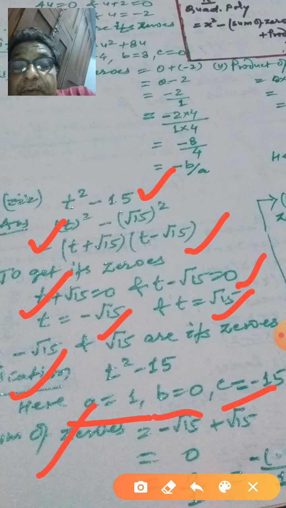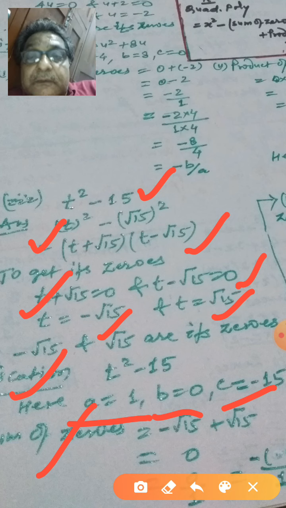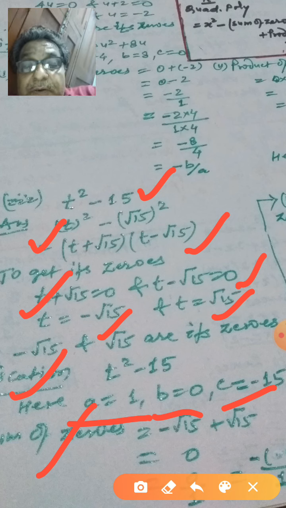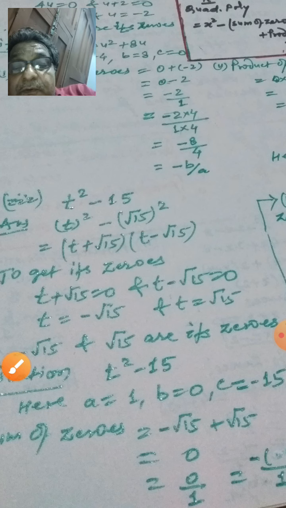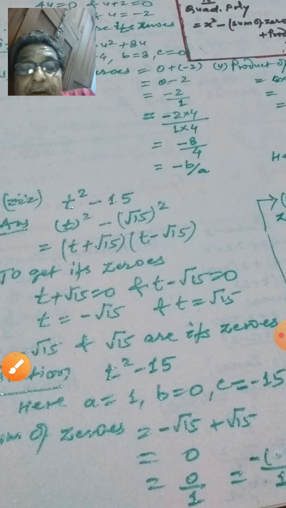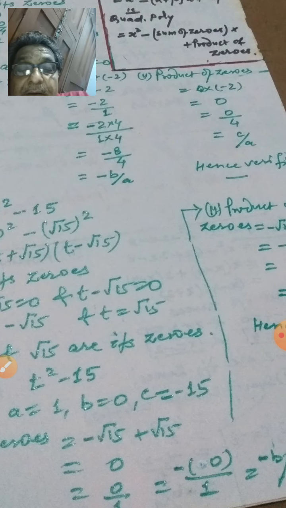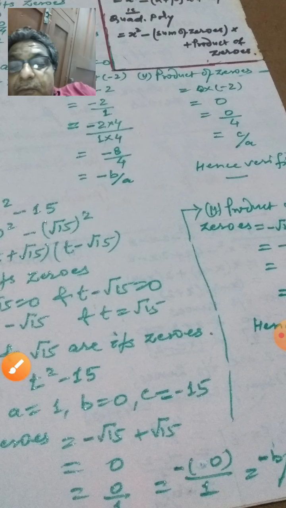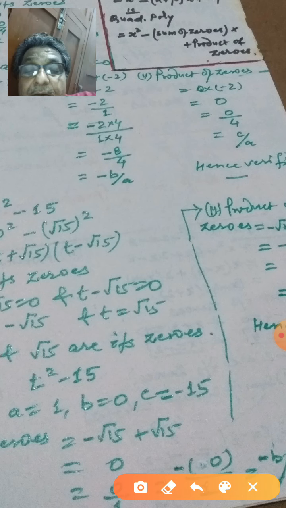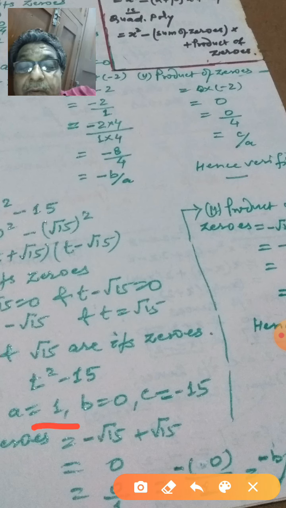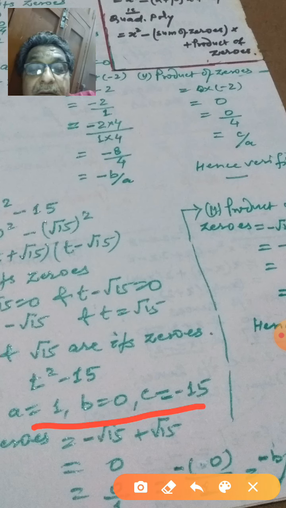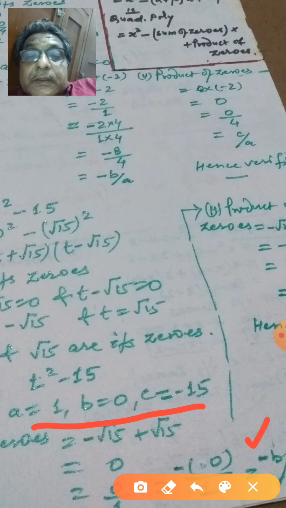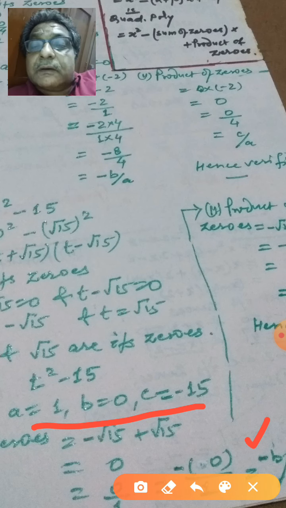We add these two zeros, minus root 15 plus root 15, which finally gives 0, and 0 can be written as 0 by 1, or minus 0 by 1, because 0 has no sign, so putting a minus causes no problem. On comparing, we get minus b by a, so the sum of zeros again comes to minus b by a.